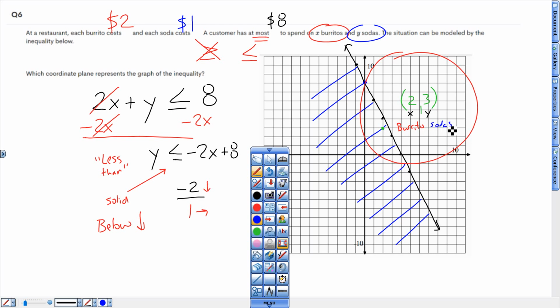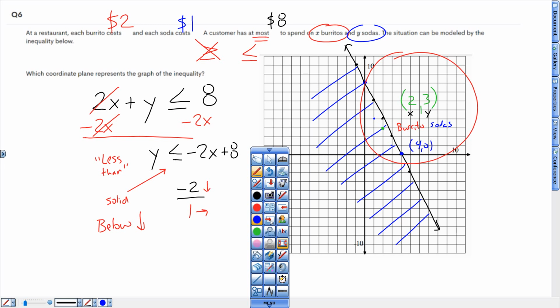If you buy that, that will keep you under the $8. Or I could buy 1 burrito and 4 soda, or I could buy 3 burritos and 1 soda, or I could buy 4 burritos and 0 sodas. All those numbers are good. All right, let's keep going.